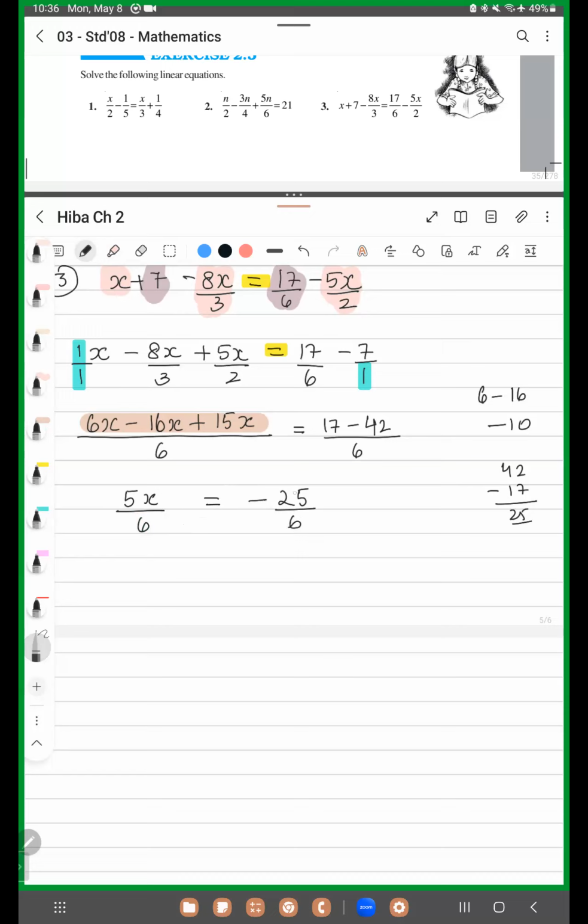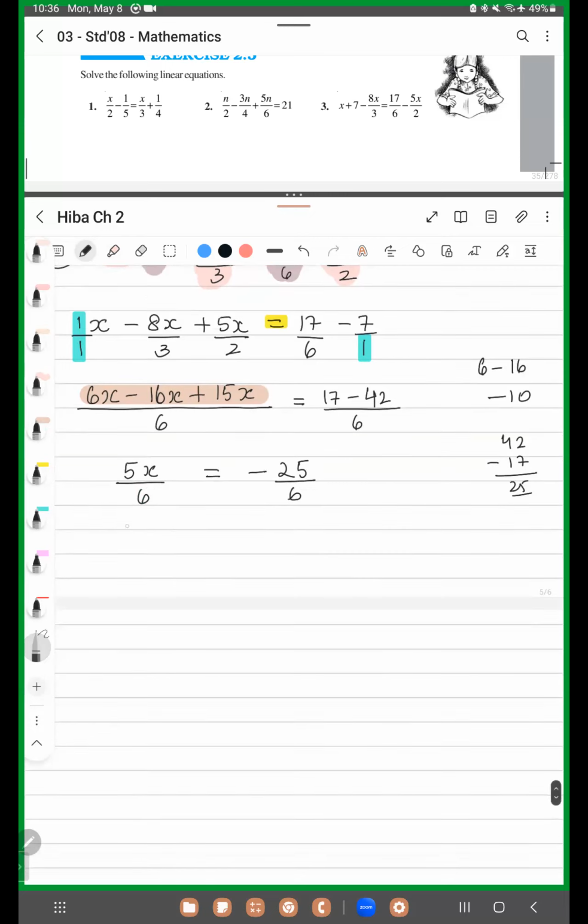For example, अगर यहाँ पे कुछ और fraction होता, 7 by 3 for example, तो आप इसको cancel नहीं कर सकते. But if only these two things are there, then you can cancel it. And if you ask me why we can do this, the thing is simple. क्या हो जाएगा ये? 5x equals minus 25 by 6, this is 6, right? By this 6 multiplied by this 6.